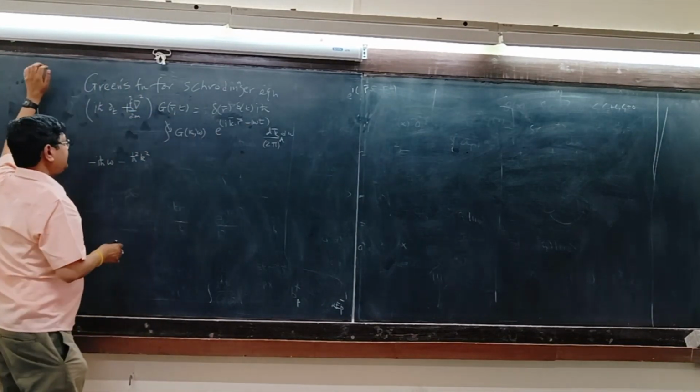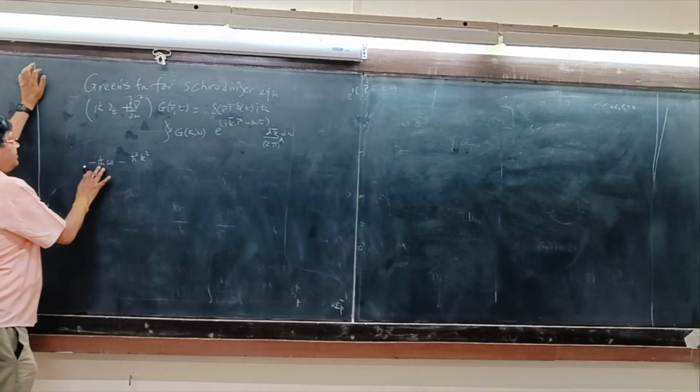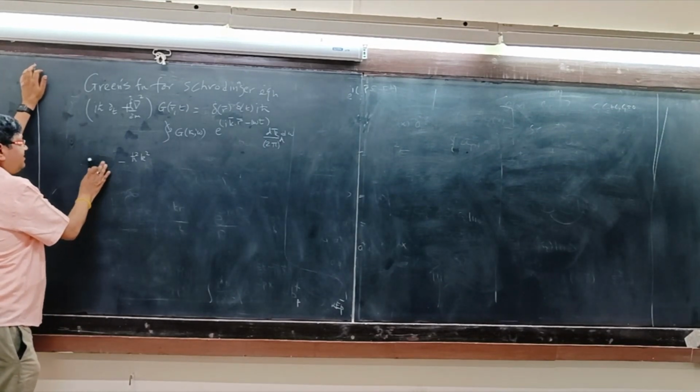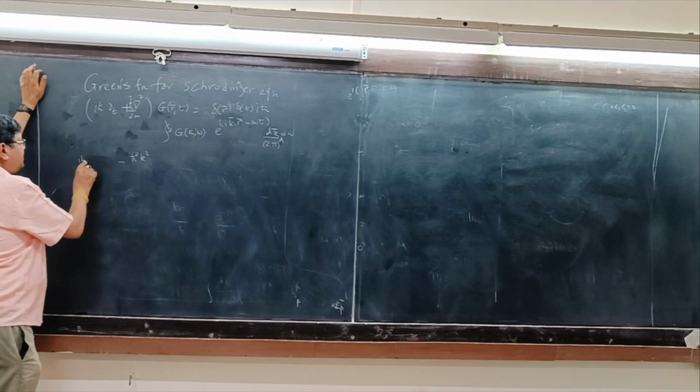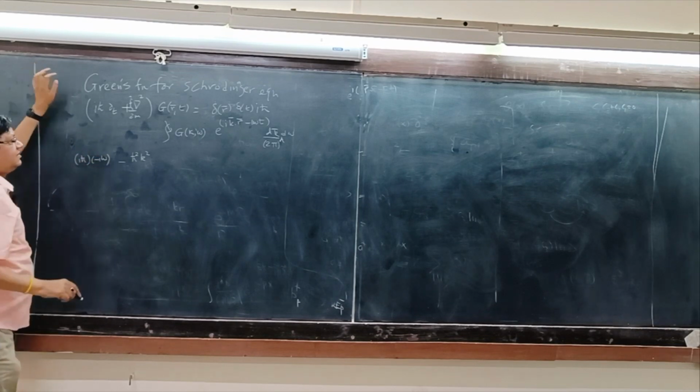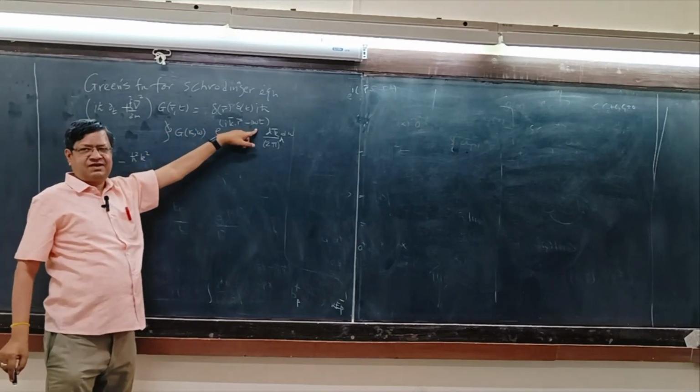If I take the time derivative, what will I get? We should do it carefully. So i h bar and minus i omega, so this will give minus i omega from the time derivative.